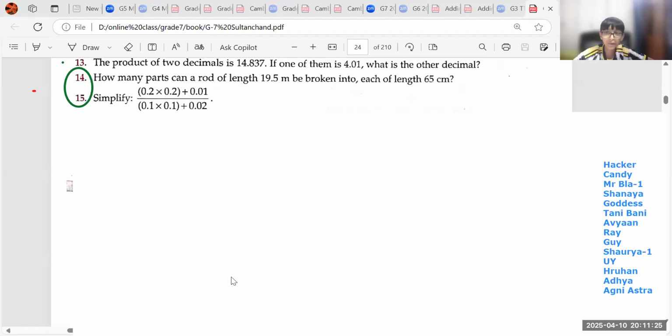So should we give the 15 questions' answer in decimal or fraction? Whichever way you like. You mean fractions. Guys, send both the answers together. Don't send one by one.